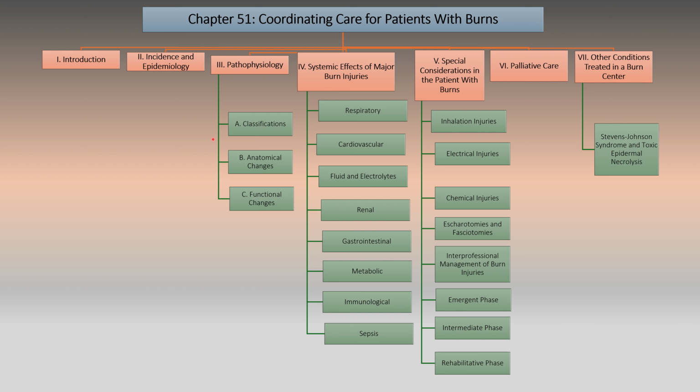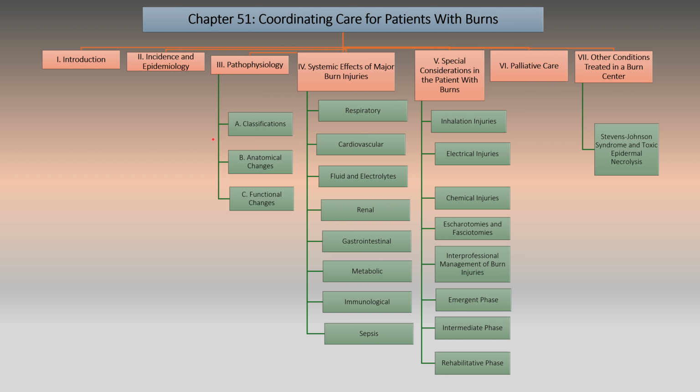Electrical injuries: the extent of damage from electrical injuries is often not apparent on the skin surface, at the contact points. Electricity follows the path of least resistance, causing deep muscle, nerve, and bone damage that is often more severe than the surface wound.